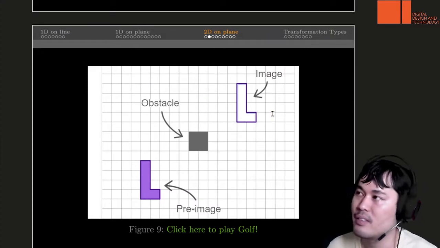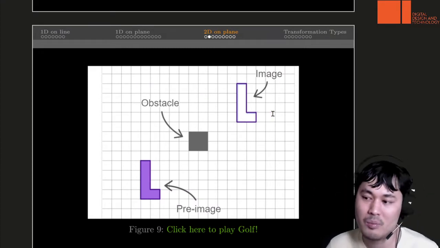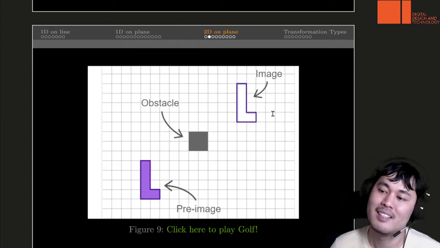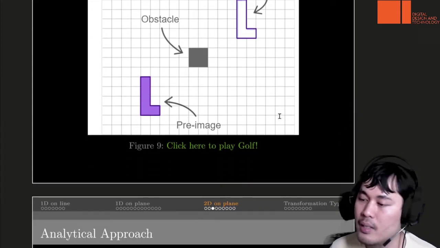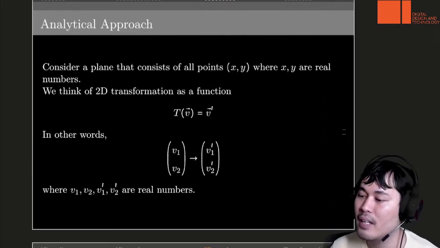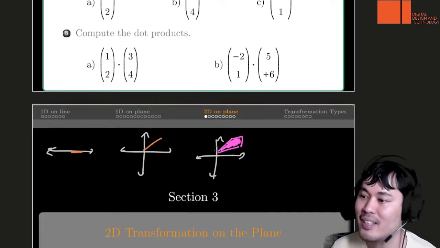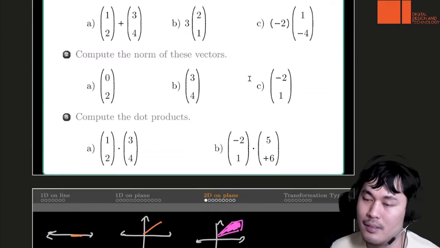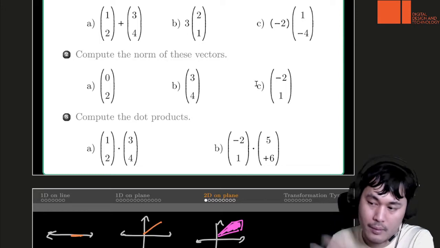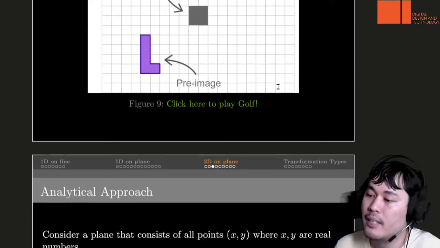This approach is more of a geometrical approach, where you move things physically and get a result. But we can do that using math, of course. And again, of course, we're going to use vectors. That's a nice way to represent a point, where we can perform some operations on that.